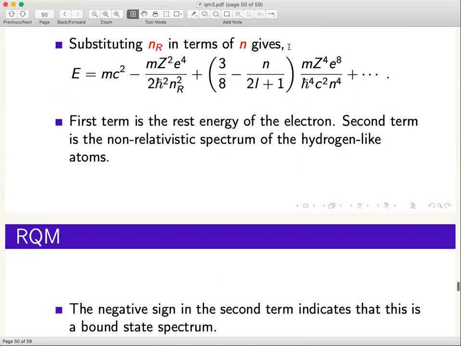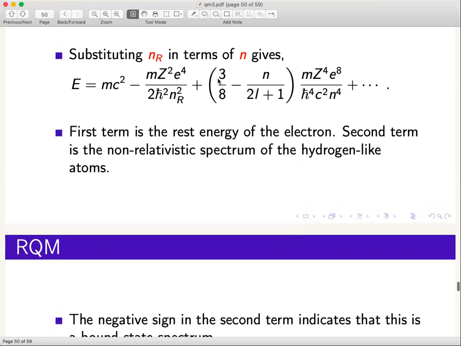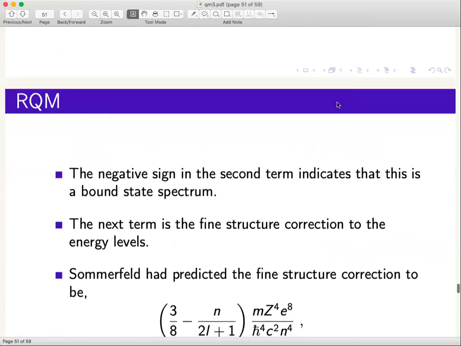This expression we have obtained by just expanding the relativistic expression and replacing nr by n, which is the principal quantum number of the non-relativistic problem. There is a typo here, of course.